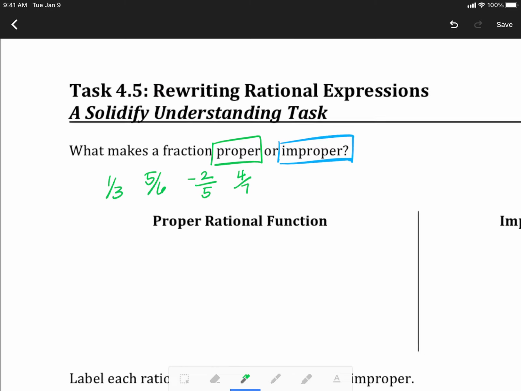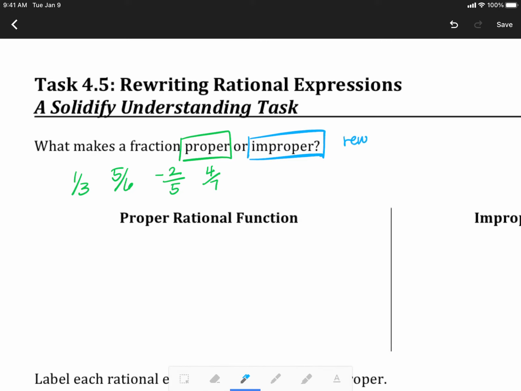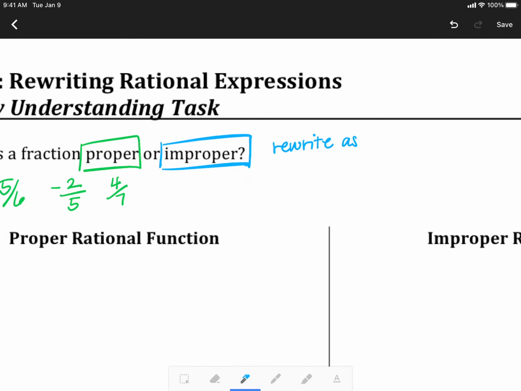So what about improper? One definition you may find of improper is that we can rewrite it as a mixed number, or as I like to say, a whole number plus a fraction.